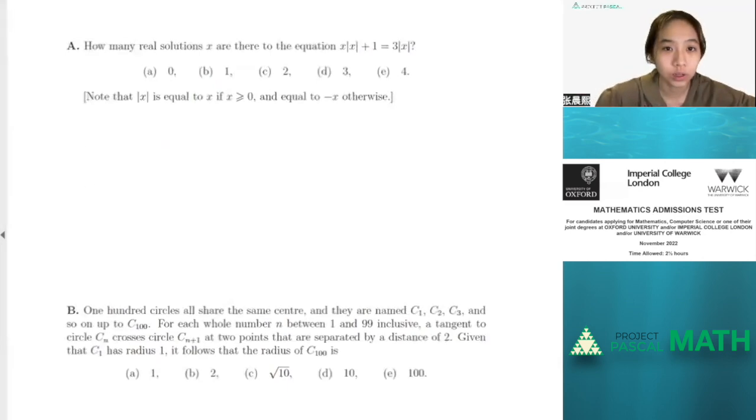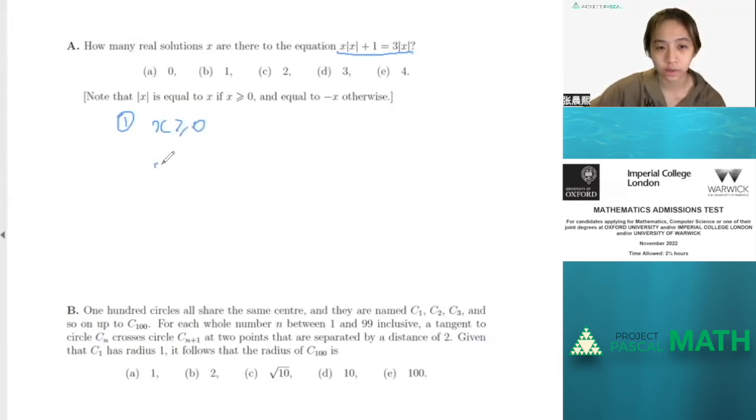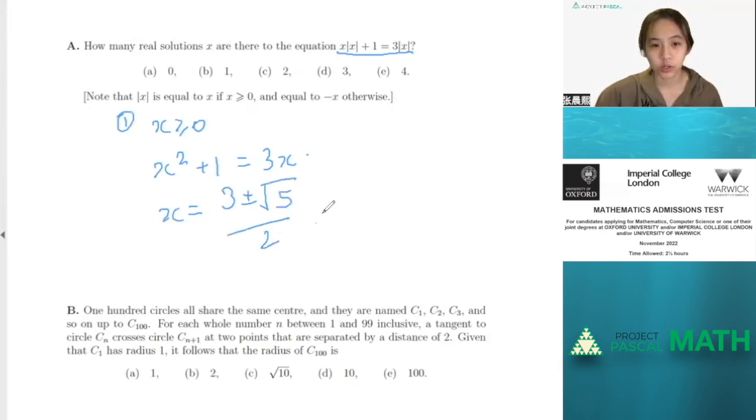Okay, so, how many real solutions are there to the equation? First consider if x is greater than or equal to 0. That gives you x squared plus 1 equals 3x, and so x equals (3 plus or minus root 5) divided by 2, which satisfies both cases.